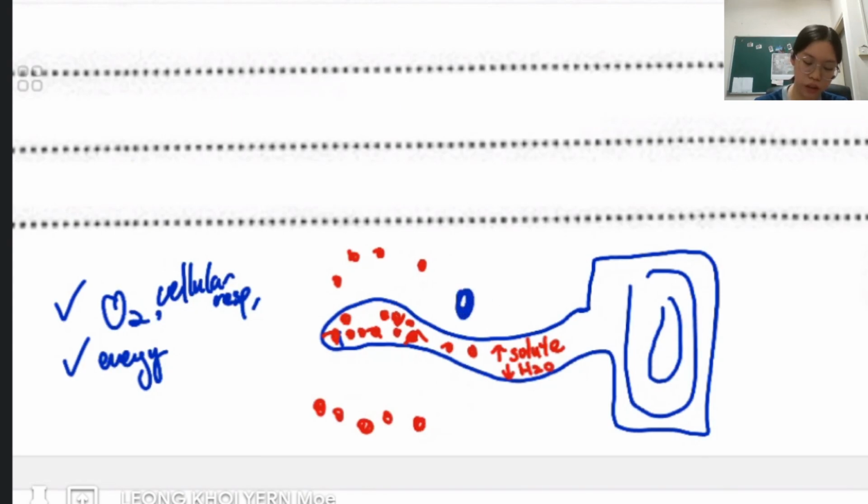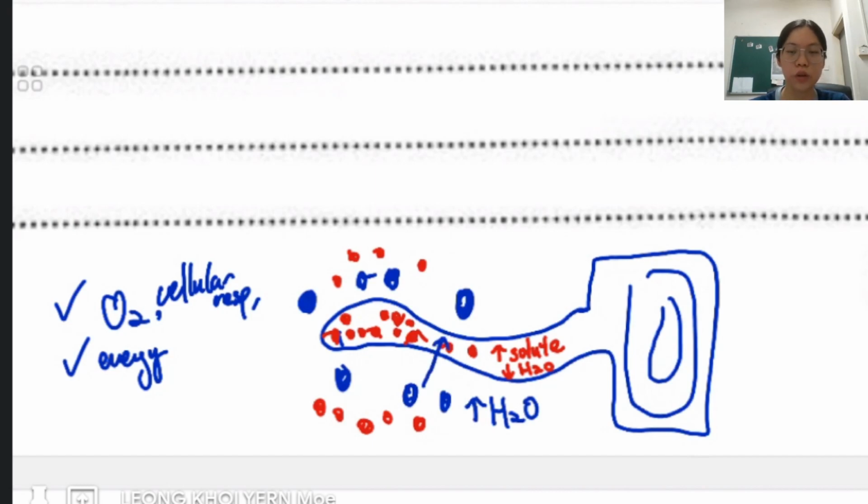Meanwhile, what about the water outside in the soil solution? The water outside will have a high water potential. So the water molecules will diffuse into the root hair cell via osmosis. Basically, when you didn't provide oxygen to the root, they are unable to carry out cellular respiration.